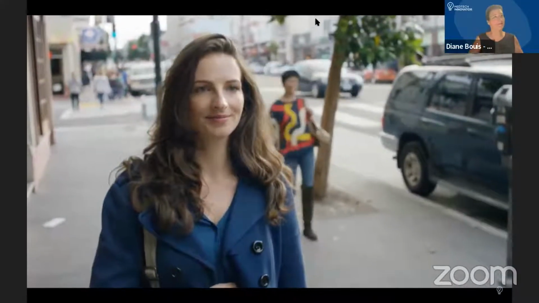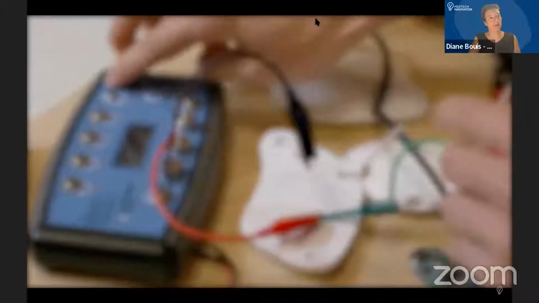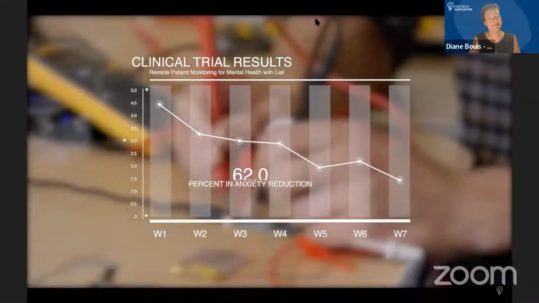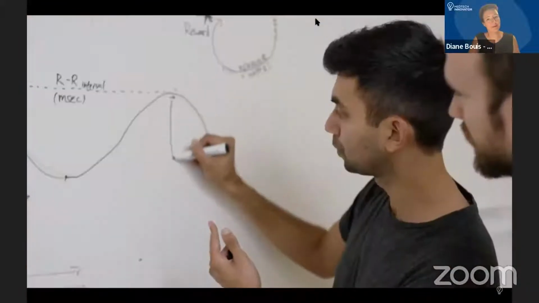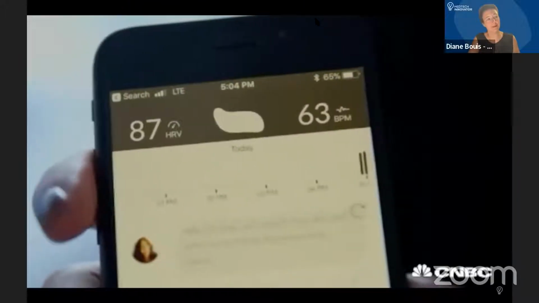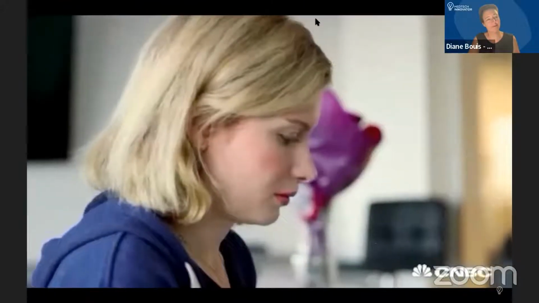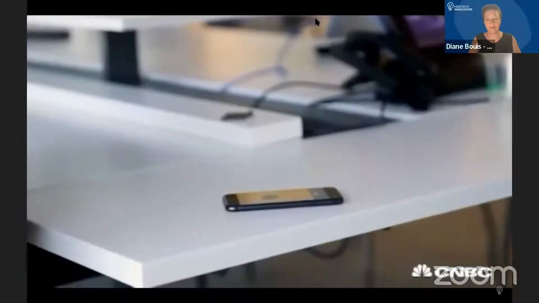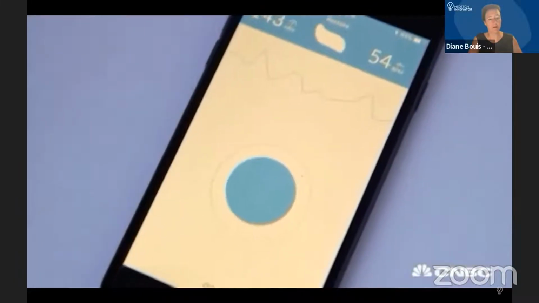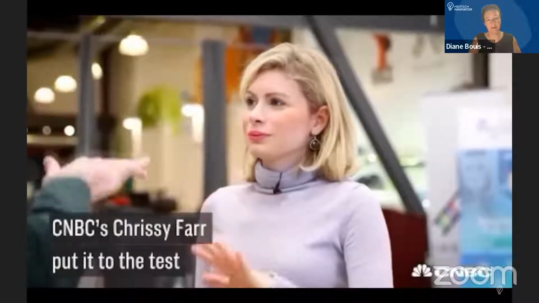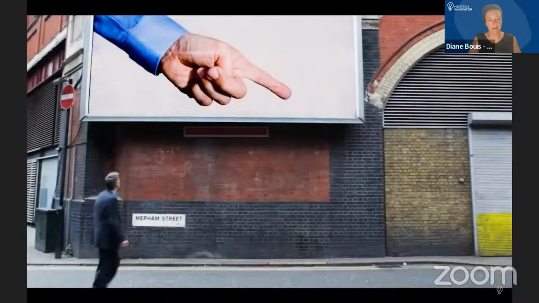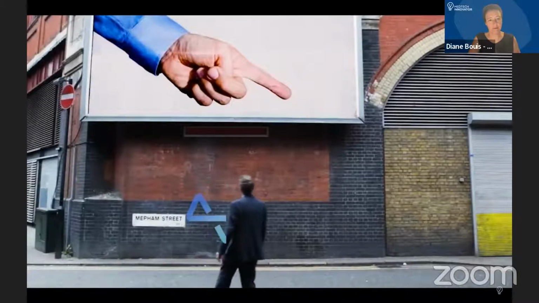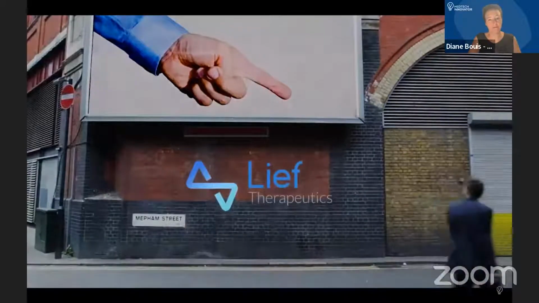Through targeted interventions throughout the day, Leaf can bend the behavioral health curve for patients gradually towards reduced mental health symptoms and greater physiological control. The Leaf device and mobile app connect to a network of more than 3,000 licensed mental health providers around the country, providing a robust telebehavioral health solution covered by most insurance plans. Doing mundane tasks, I can kind of breathe and relax myself into a state of calm. For patients with mental health challenges, it can often feel like there are no good options. But with Leaf Therapeutics, relief may be just a few breaths away.